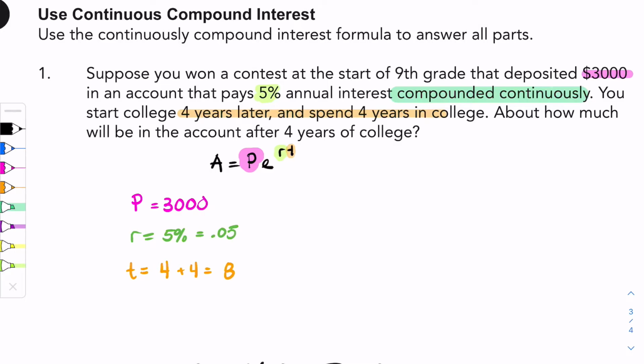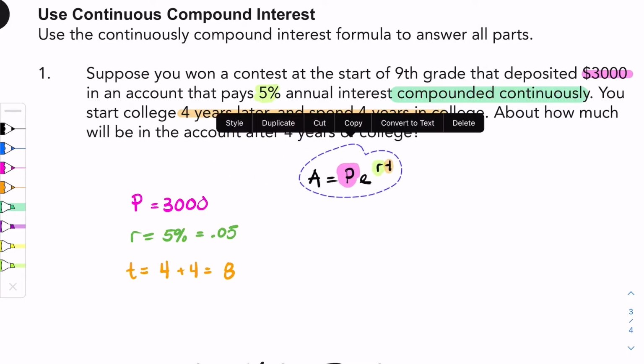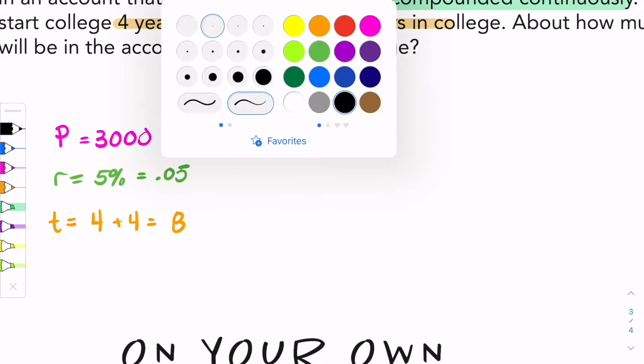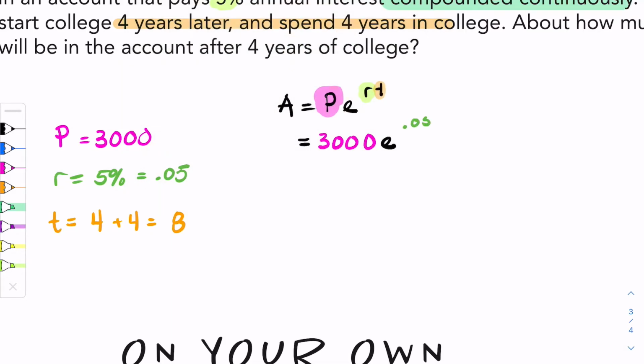When we substitute these values into our formula, we have 3,000 multiplied by E raised to the power of 0.05 times our value of time, which is 8.